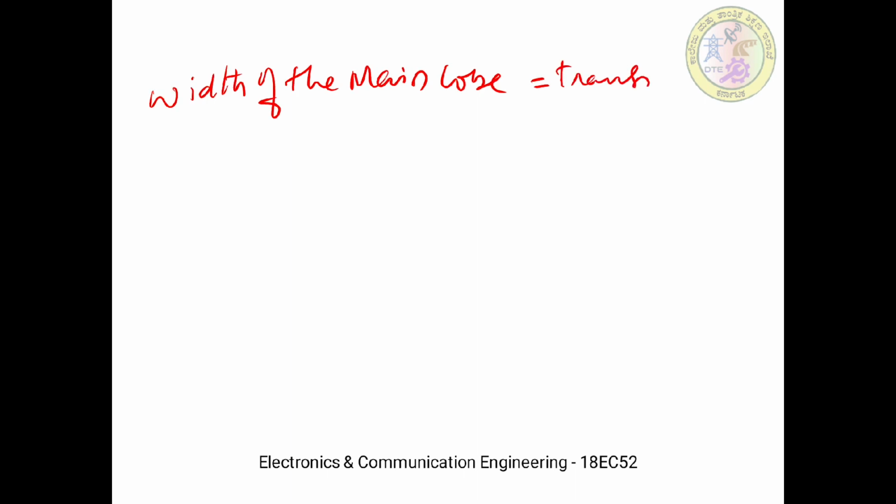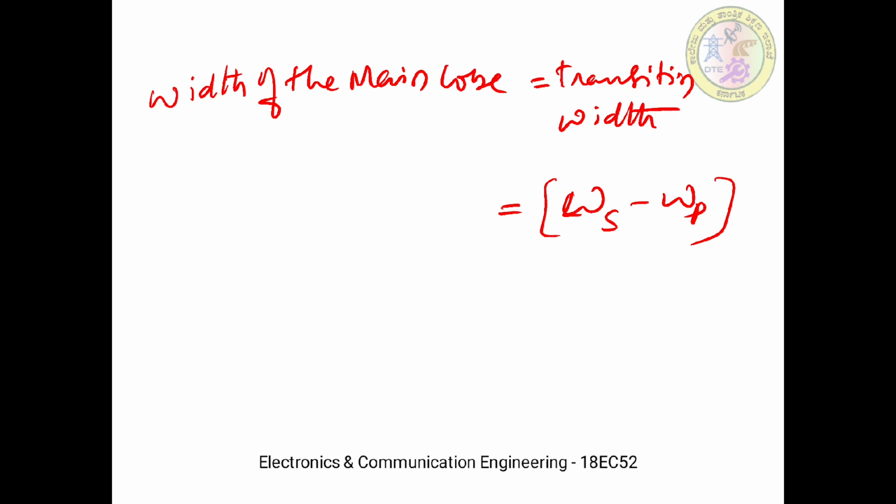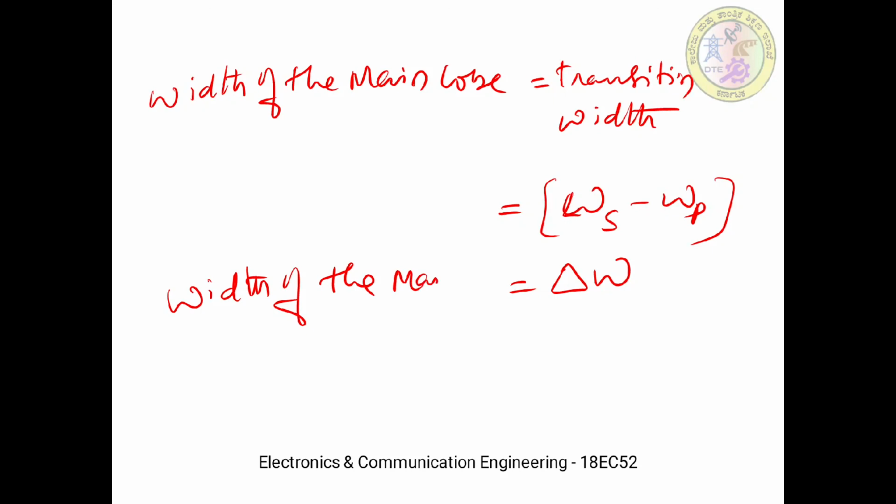Transition we represent as Ws minus Wp, the transition from pass band to stop band. We can also call it delta omega. So the width of the main lobe is equal to delta omega.